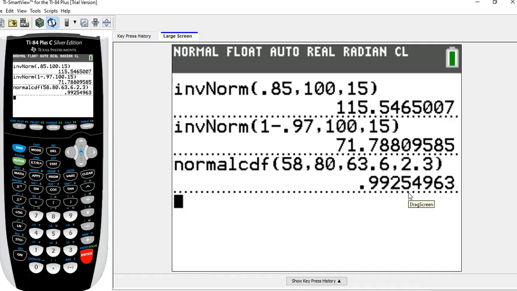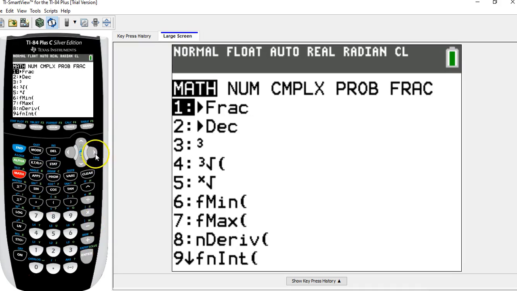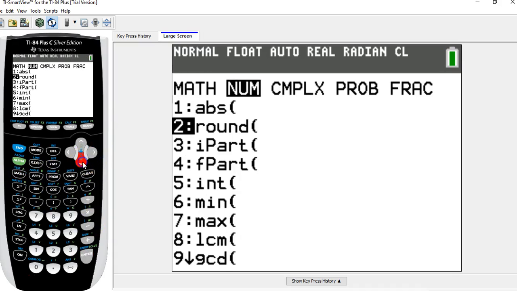two-place decimal percent. One way is 99.25%, but if changing decimals to percents and rounding them isn't your thing, I can go to math, num, and use the round function.